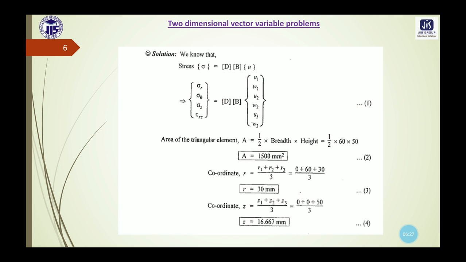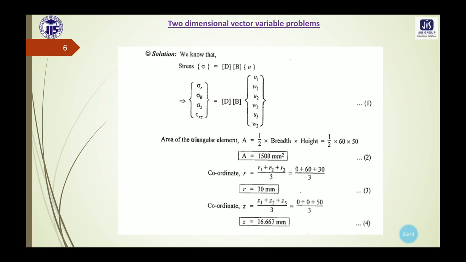These four things we need to find. In the U matrix we have U1, W1, U2, W2, and U3, W3, and the values for these nodal displacements are given in this numerical.